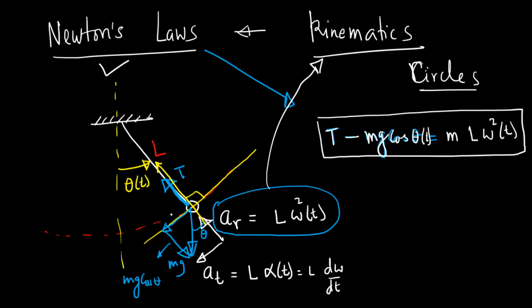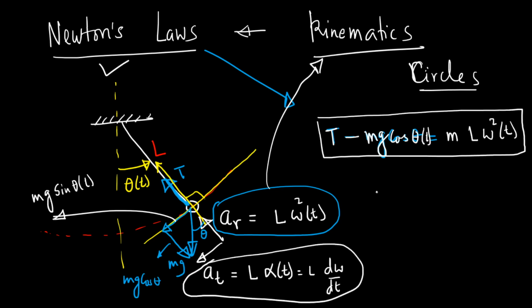What about the equation in the other direction? This force is mg sine theta. That's simple resolution, and that force is related to causing this acceleration, which is pretty good. So let's write, what should we write?